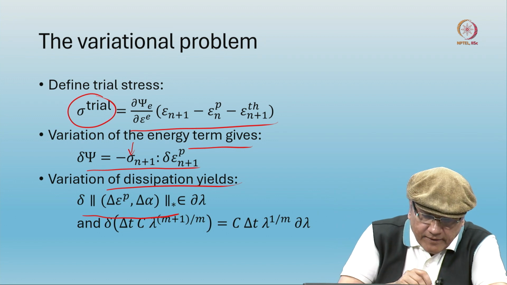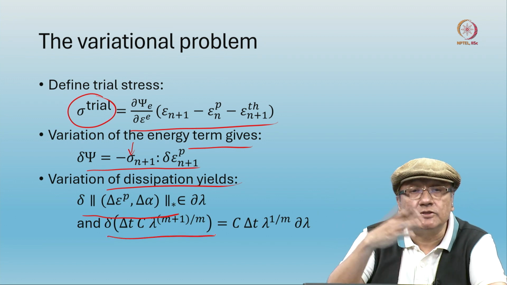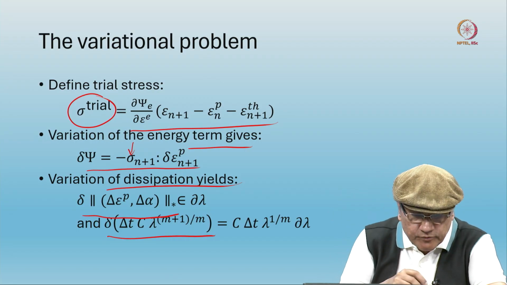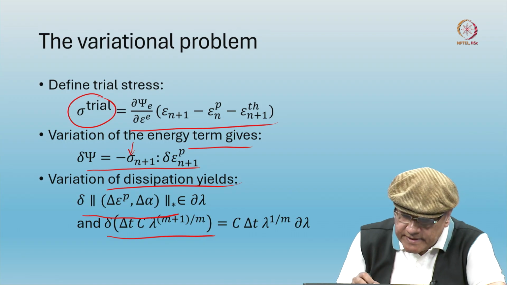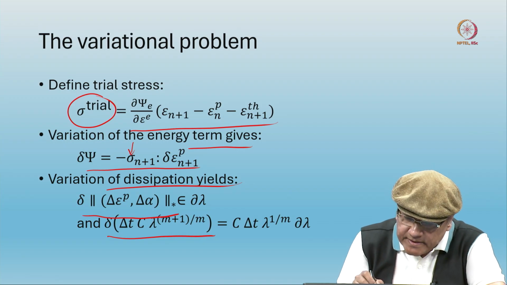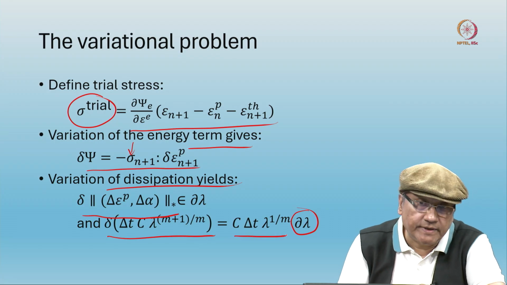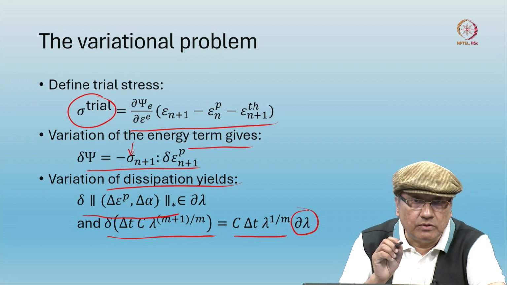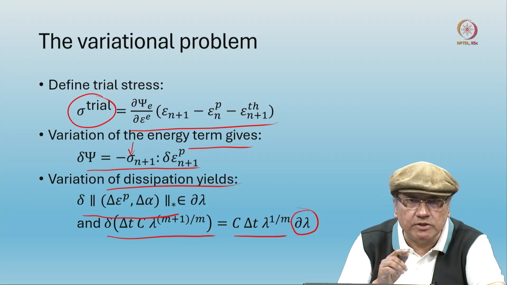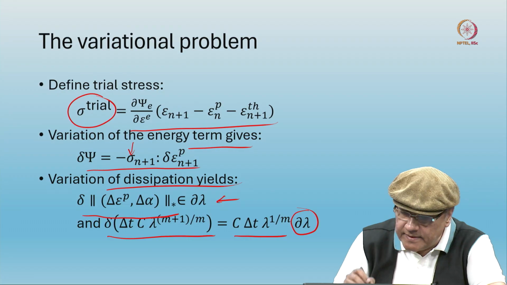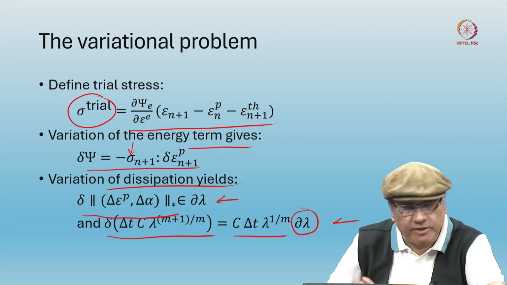And you have also to take the variation of the viscoplastic part. That viscoplastic part, if you take the variation, then you can write it in terms of the variation of lambda and this factor. So you understand. In both the cases the variation of lambda comes into play. This is the rate independent part, this is the rate dependent part, the variation of the 2.